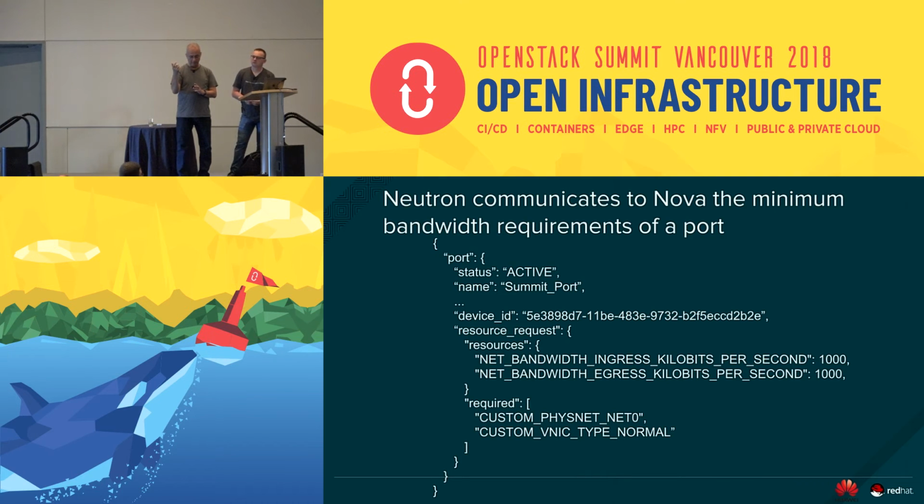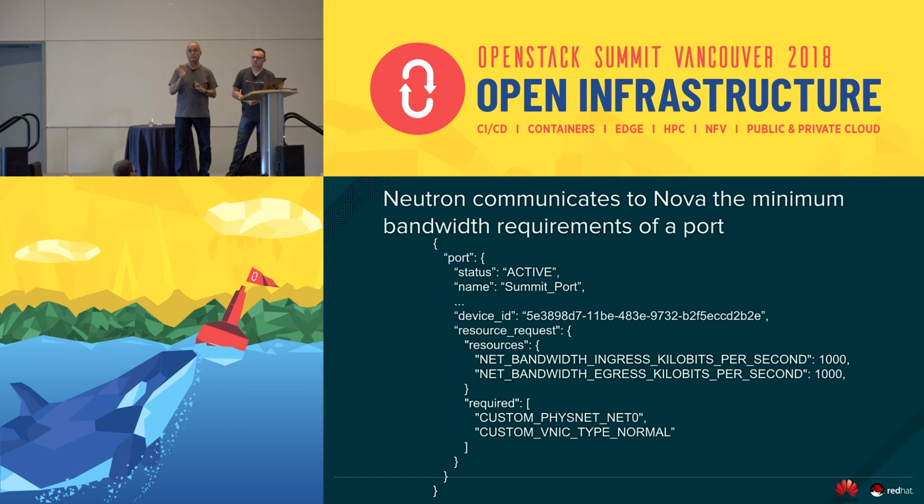port UUID, and as part of the steps of creating the networking resources for the instance, Nova does a get port. That happens today. That has happened forever, and in that get port, we are going to add a new attribute to the port.